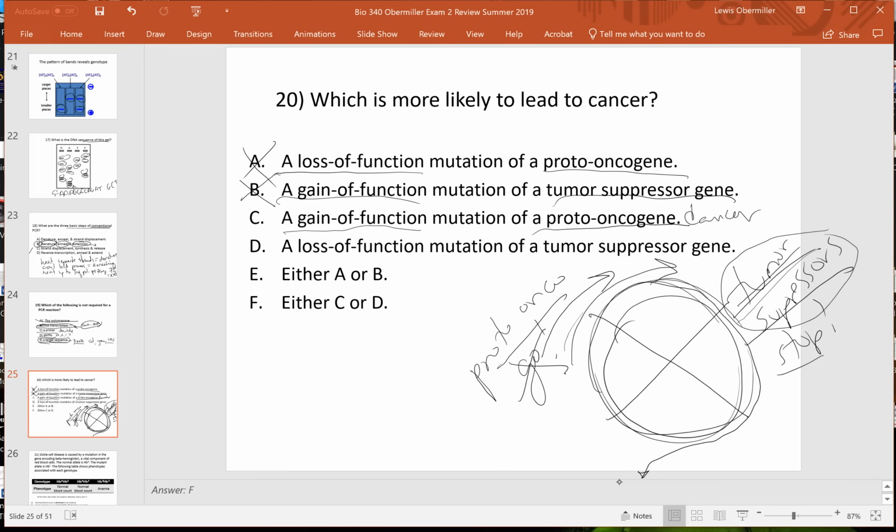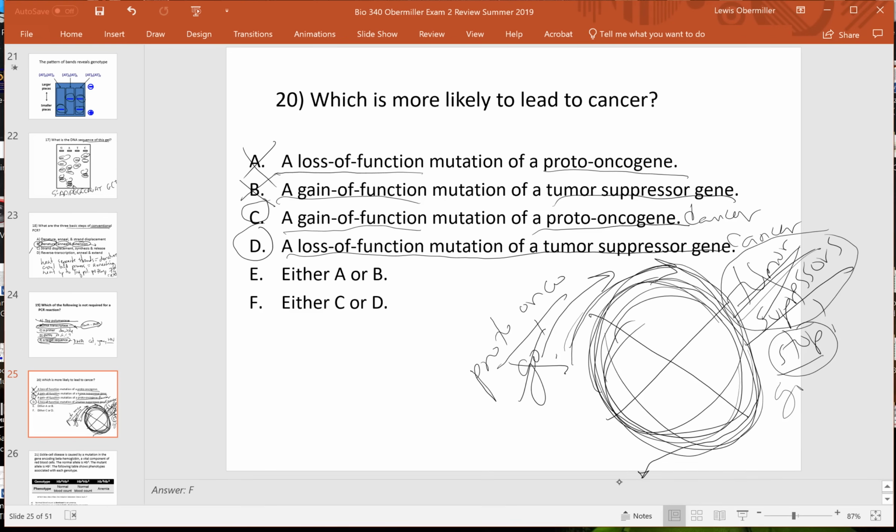Because it's going to cause it to go, and we don't want that. A loss of function of a tumor suppressor gene. If this was broken, then what would happen to the stoplight? It would say go, right? And so we would end up with green lights. So both C and D would lead to cancer cells. So the correct answer would be F.